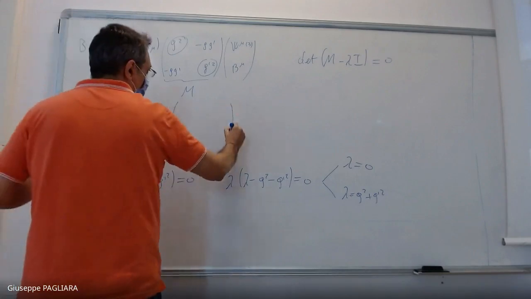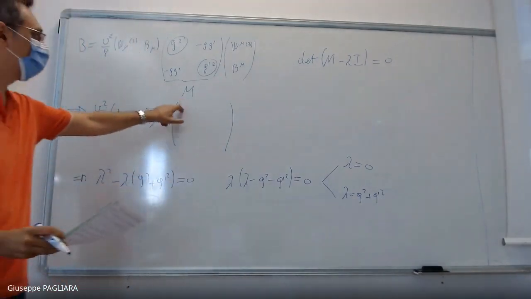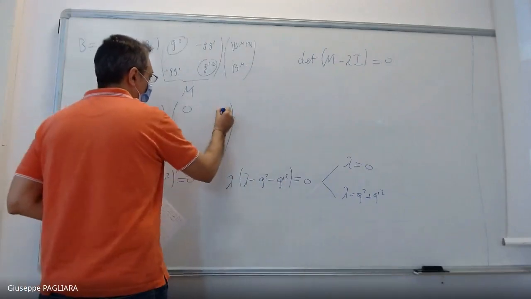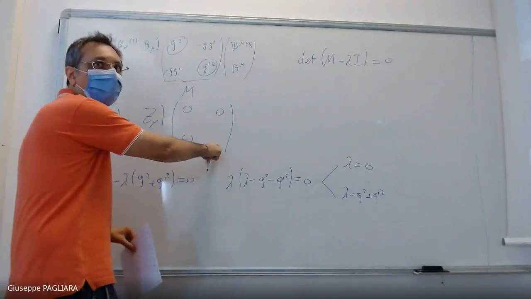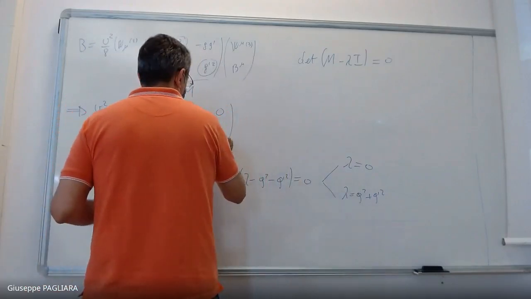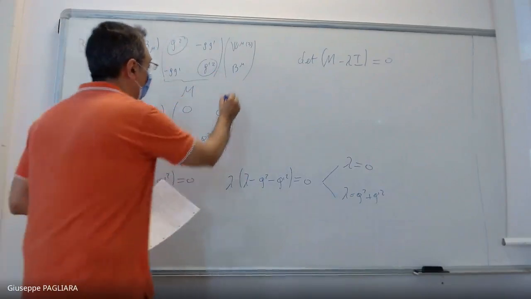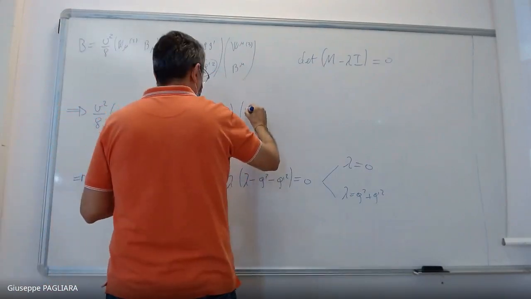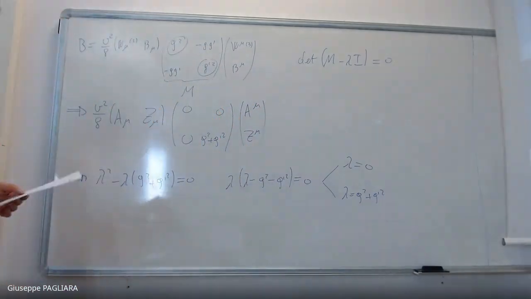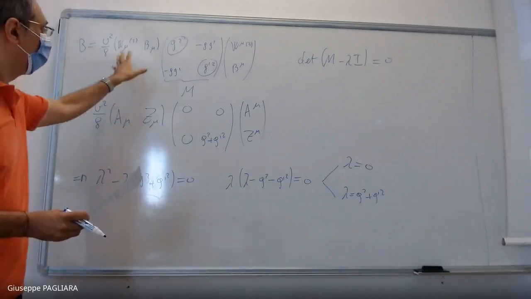Now we have our diagonalized matrix, where the first element is our vanishing eigenvalue, 0. Then it is diagonal, so we have to take care only of the other diagonal term, which is g squared plus g prime squared. And then again the new basis is A mu and Z mu. Okay, so now in the diagonal basis.